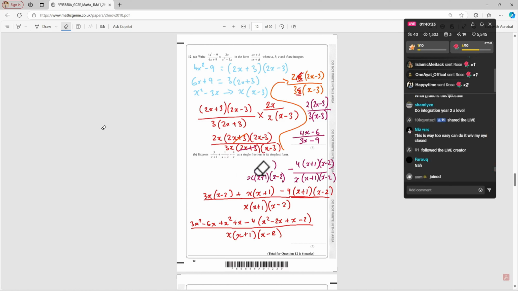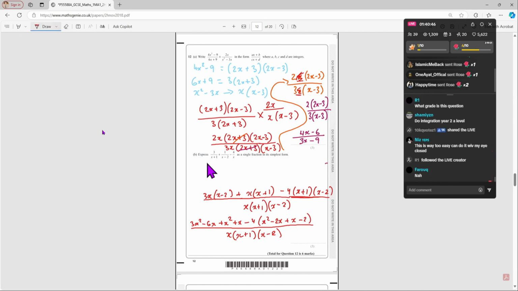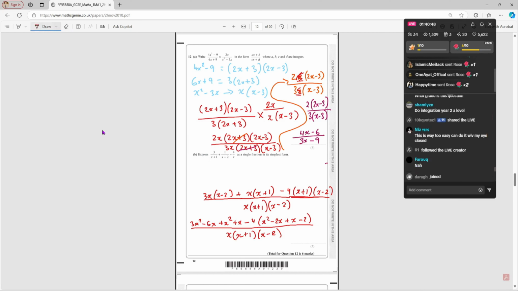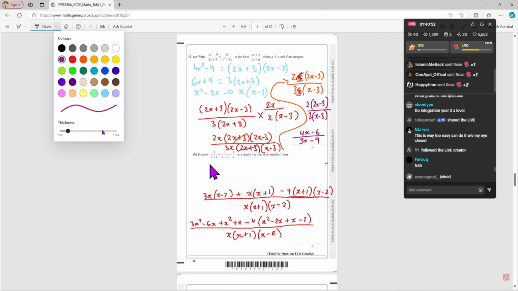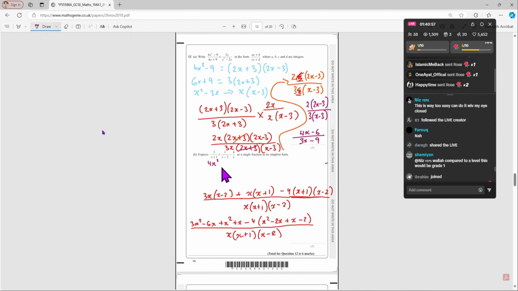So once you've done that, we're going to simplify this. Then you're going to do 3x squared plus x squared to get 4x squared, minus 5x.